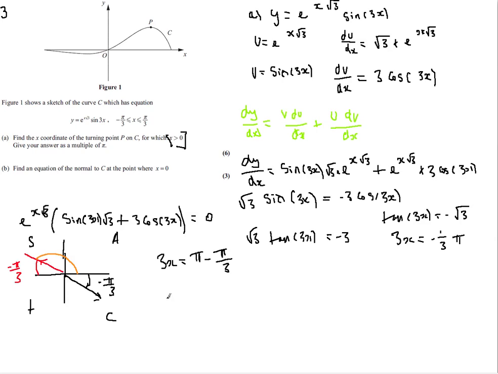We tidy that up and we get 3x equals 2 over 3 pi, so at P, the x coordinate equals 2 over 9 pi. There you have it. Thank you for watching, and join us for part 2.